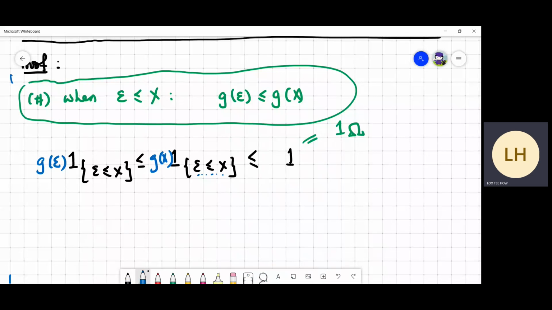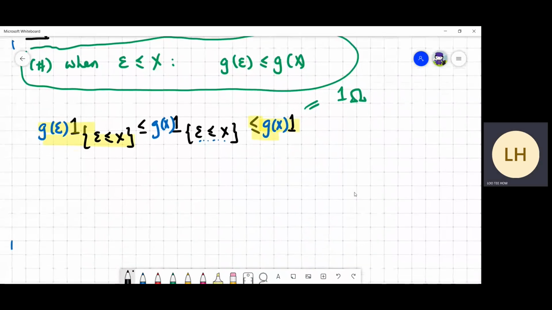Since we multiplied by G of X here, we need to multiply by G of X over here. Again, same as the proof for the Markov inequality. Now we only need to consider the first term and the last term, and we have this inequality.